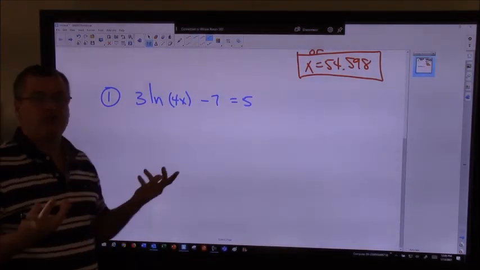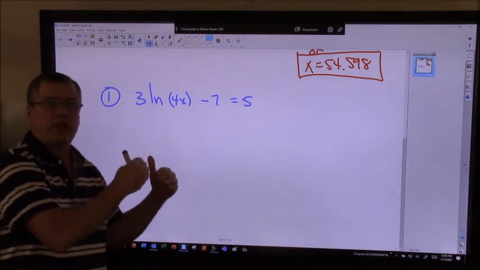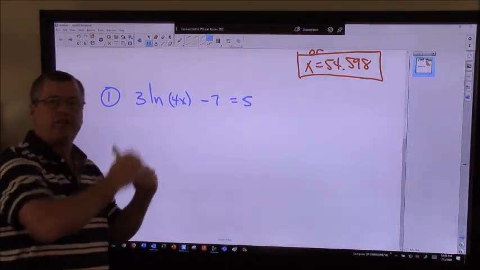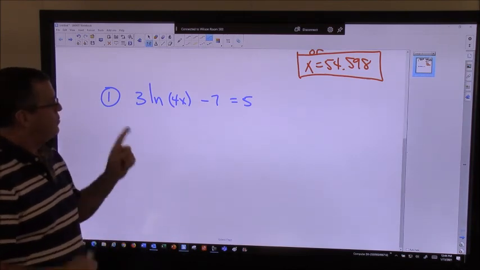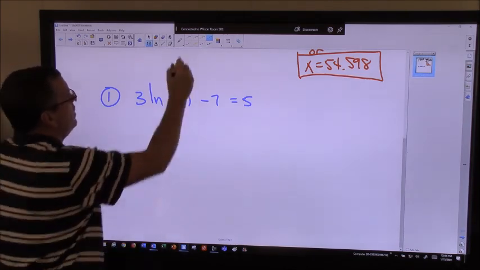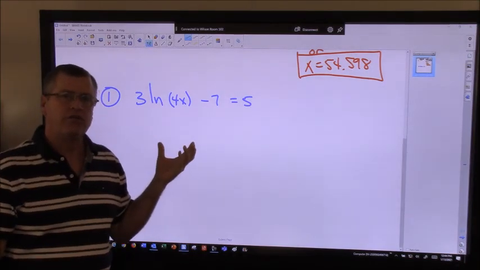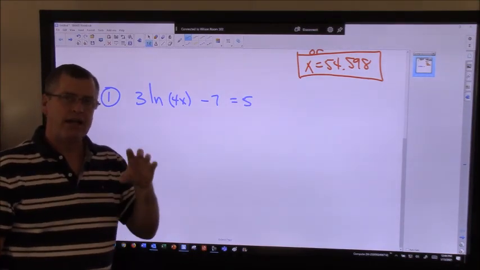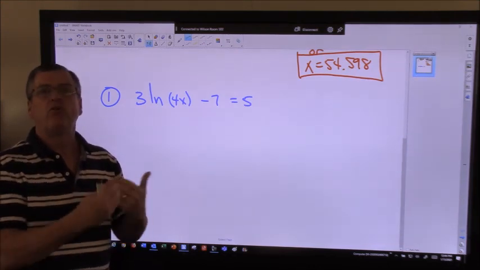All right, so of course this one looks a little more complicated than the last one, but that's what we do here. We try to make each one a little more difficult so we have a broad range of understanding here. So one of the rules that we want to make sure and follow is kind of like when you solve an exponential function. We wanted to isolate the base and the exponent first before we started solving.